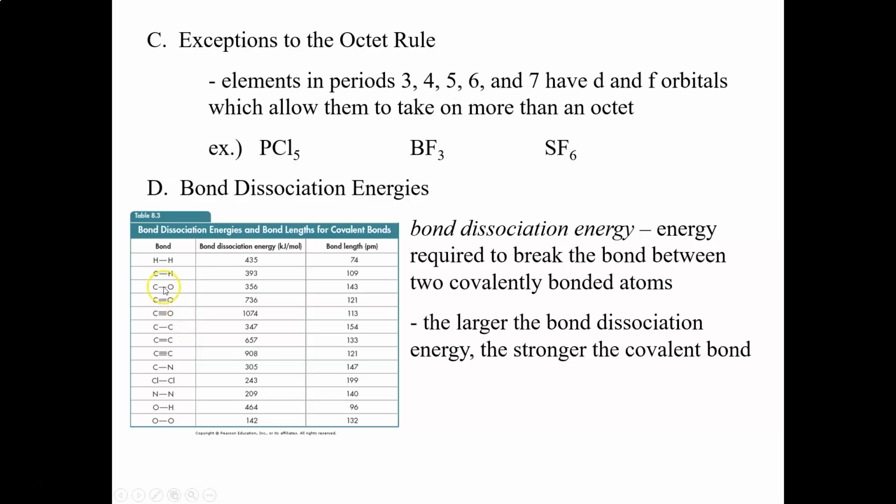So the greater number of bonds is the greater amount of energy to break it. We also said the greater number of bonds is a shorter bond. And then we said the shorter the bond, the greater amount of energy to break it. So those are the 3 things that I really want you to get out of looking at this.